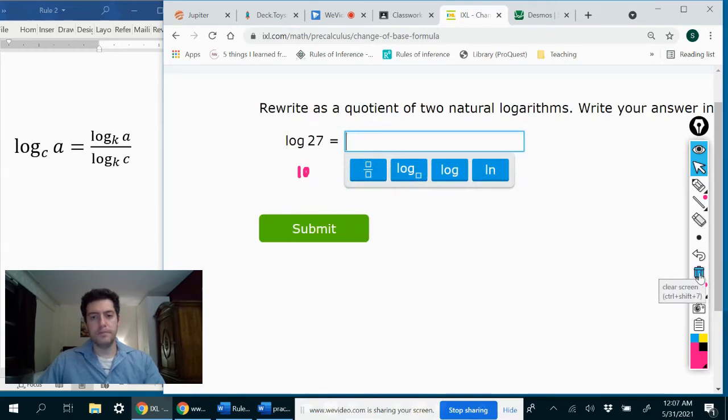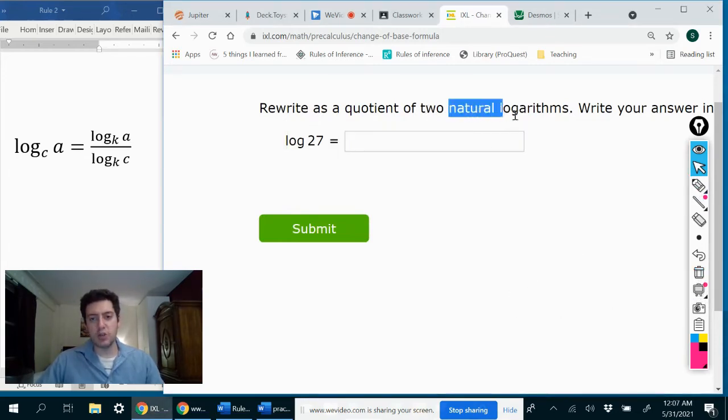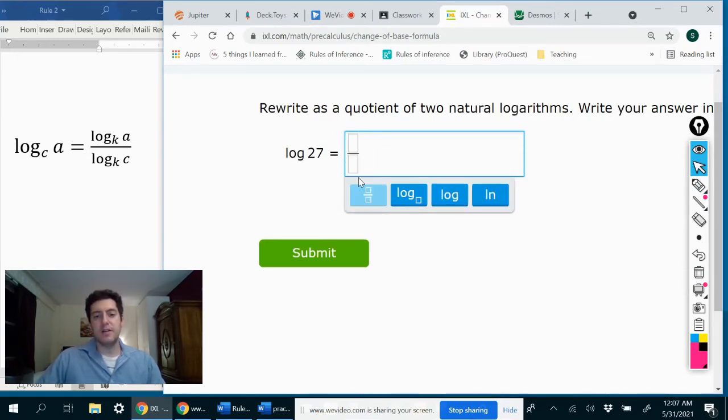Okay. Right now it's giving me something different. It's telling me to use 2 natural logarithms. So natural logarithm means a log base e, but the abbreviation for that is just ln. Okay, log base e is written ln. That means natural log.